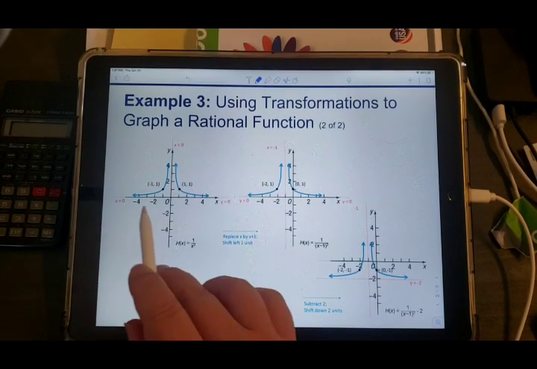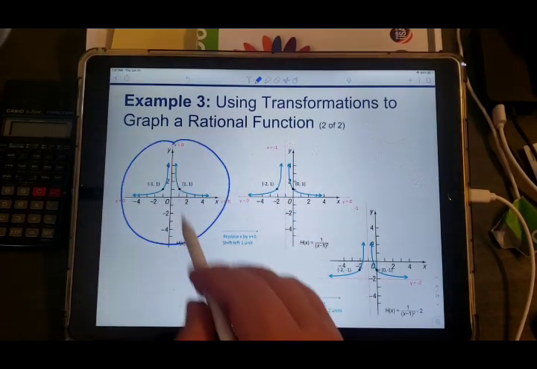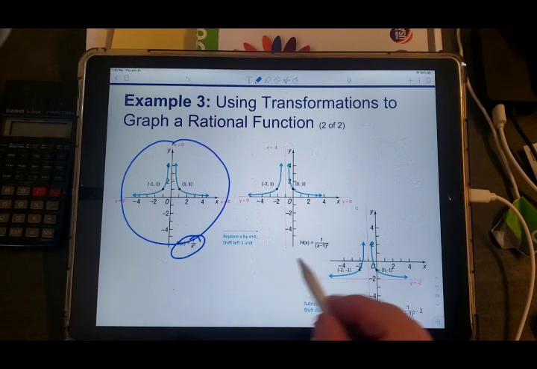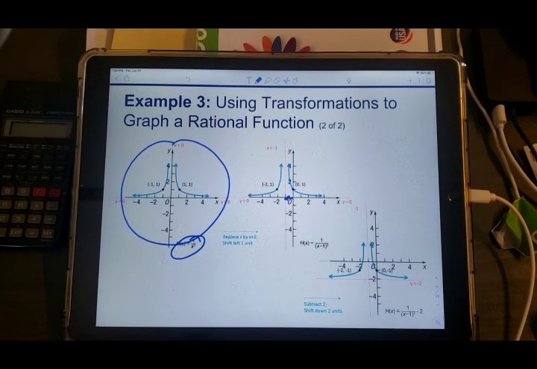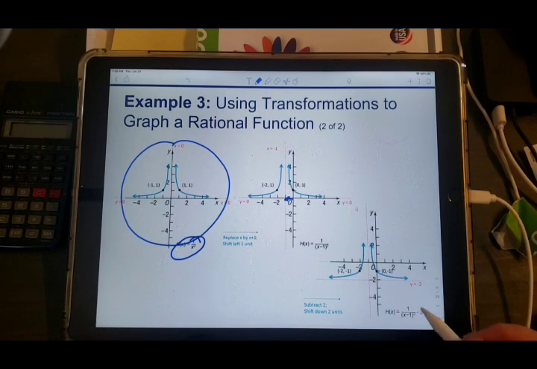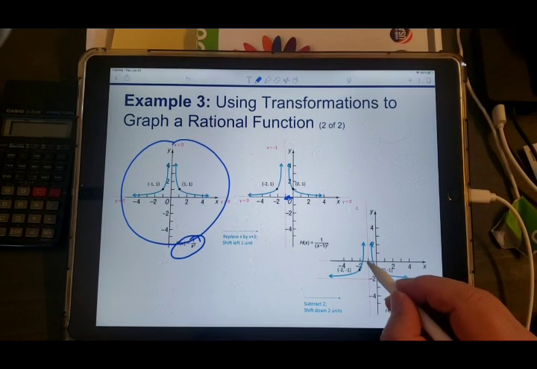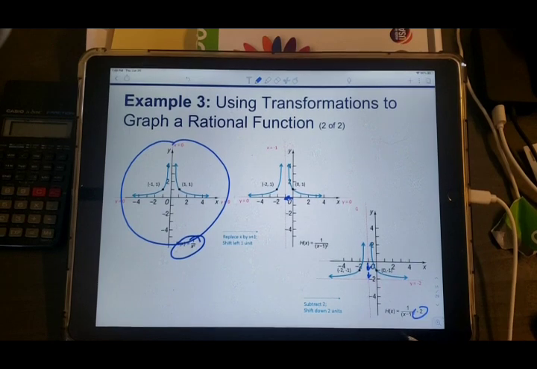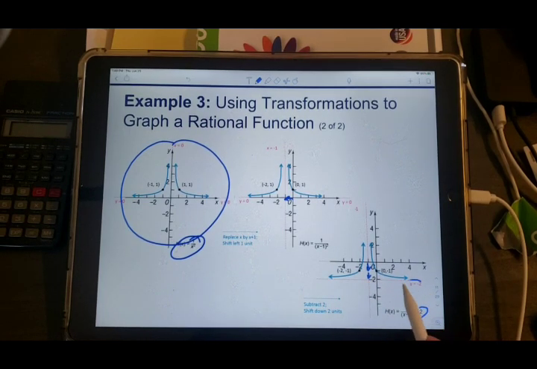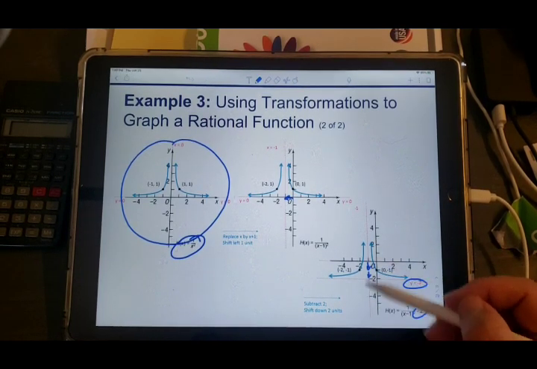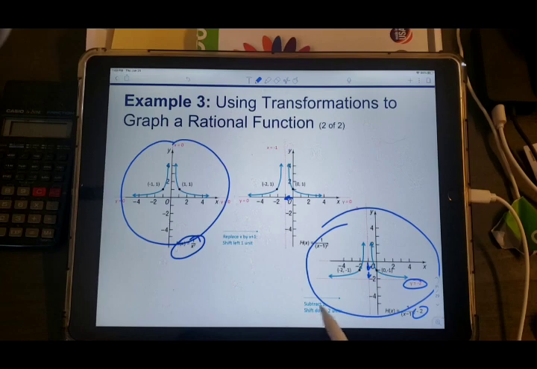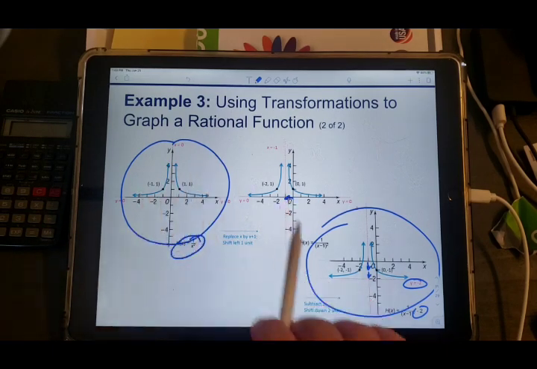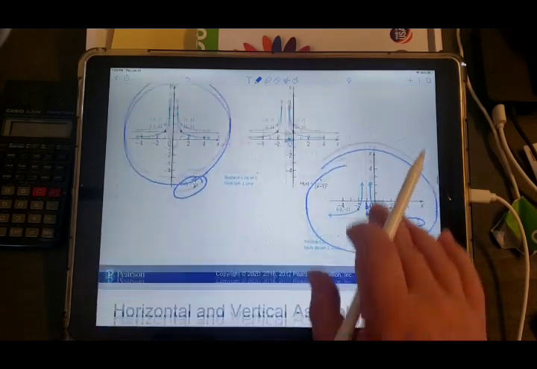So I took this function, the original one, no numbers added. If I subtract 1 from x, it shifts the graph. If I subtract 2 here, it shifts the graph. It shifts the asymptotes by doing that. And we get this new graph. So here's the new graph, and it's just a shifted version of the first graph.